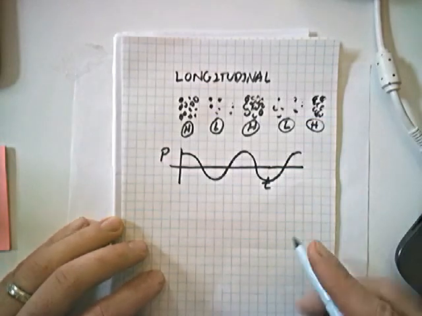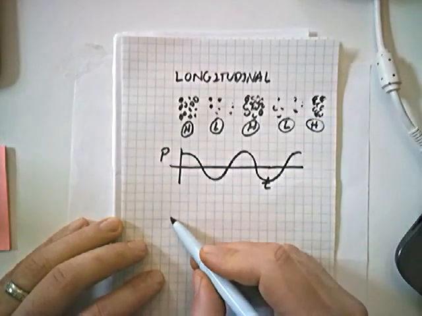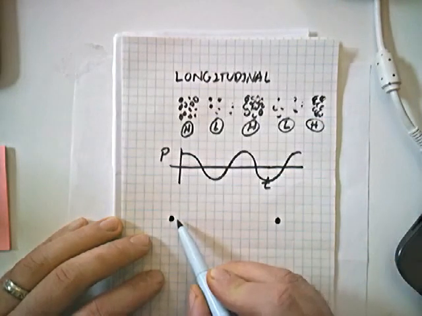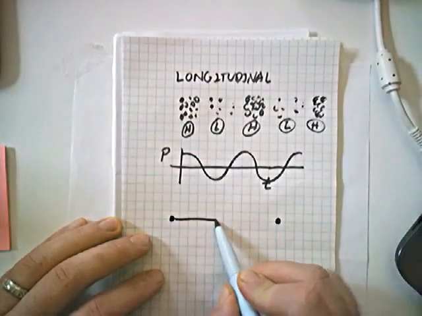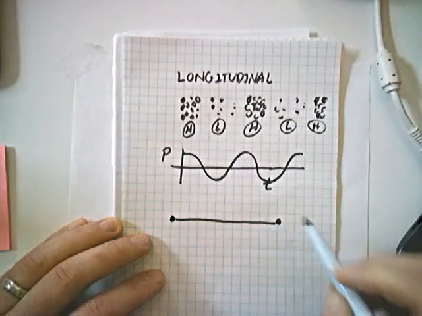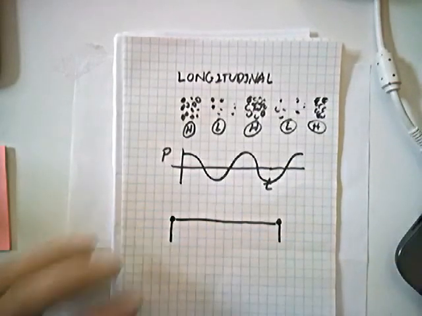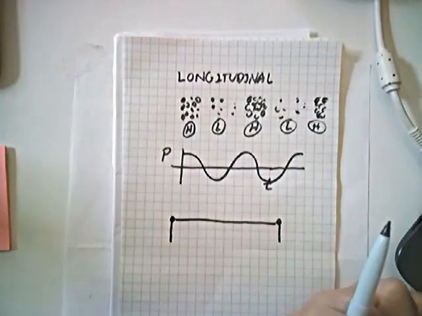When we deal with stringed instruments, we'll have two posts which are not going to be able to be moved. So two immovable posts, and we're going to stretch a string in between, similar to a guitar.